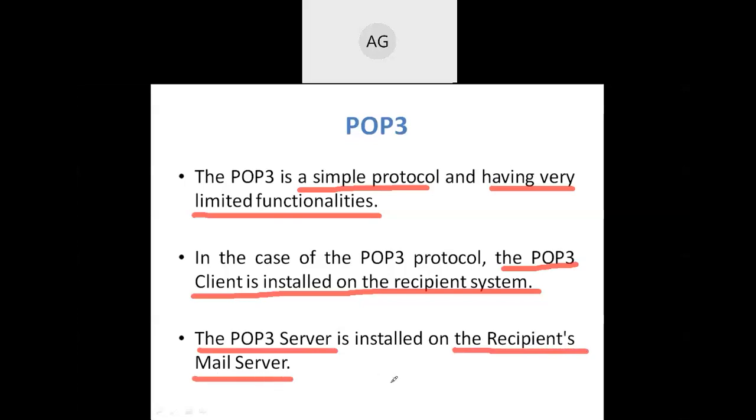So we have two software. One is the POP 3 client and the other is the POP 3 server. So we need to install first this POP 3 client on the recipient system, and also we need to install this POP 3 server at the recipient mail server. So just remember this, in order to use POP 3, we need to first install its two software, the POP 3 client and the POP 3 server. Now moving to the next slide.